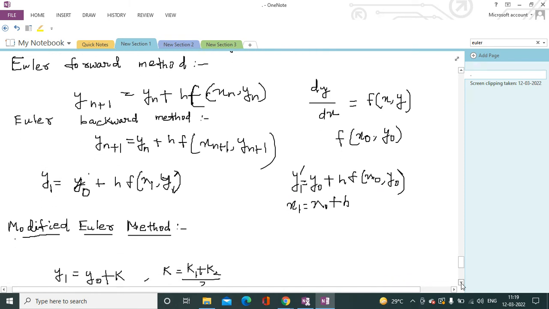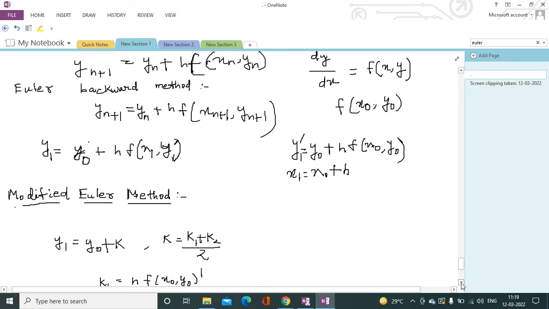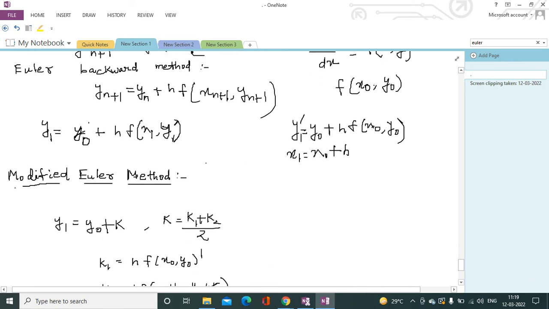then let's come to modified Euler method. Here modified Euler method is also known as Runge-Kutta second order method.